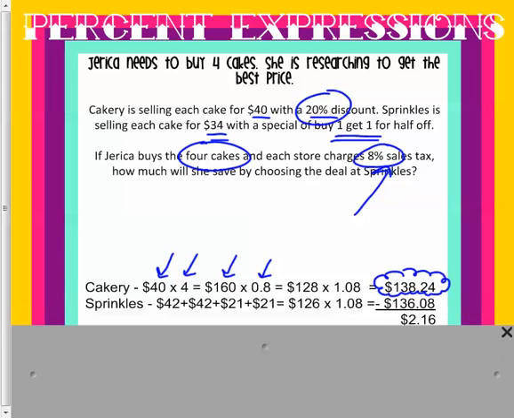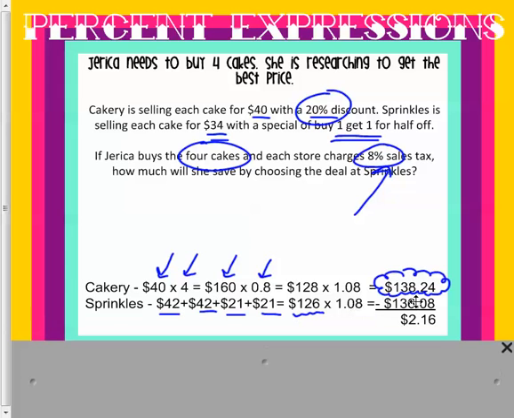At Sprinkles, she's paying $42 for one and then $21 for the other because she buys one, gets one half off. So she's paying $126. And then you have to find her tax, which would be 1.08, which her total then is $136.08.